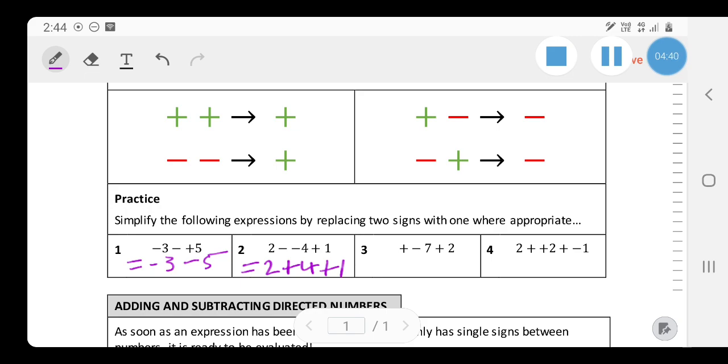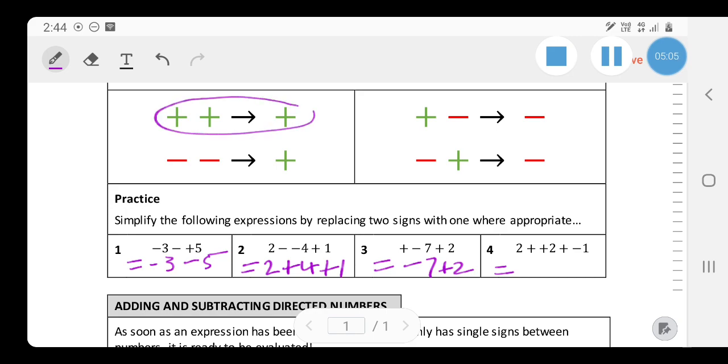Okay, question 3. Plus minus 7 plus 2. Well, a plus next to a minus turns into a minus. So this equals minus 7 plus 2. And finally, 2 plus plus 2 plus minus 1.